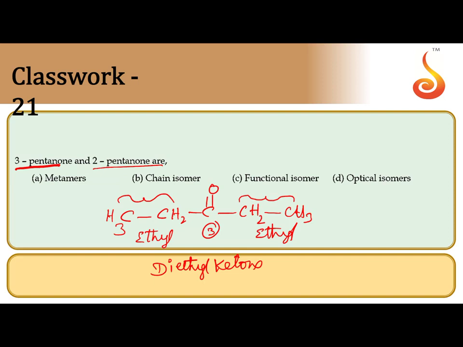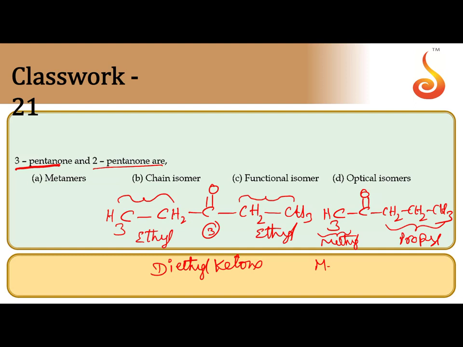Now, you change the alkyl groups. For 2-pentanone you take CH3COCH2CH2CH3. You keep the CO in the same way. Methyl on one side and propyl on the other side. So, with respect to the divalent functional group, these two are obtained due to change in the nature of alkyl groups.